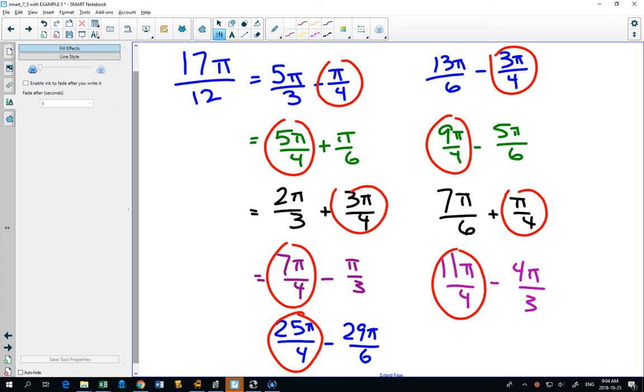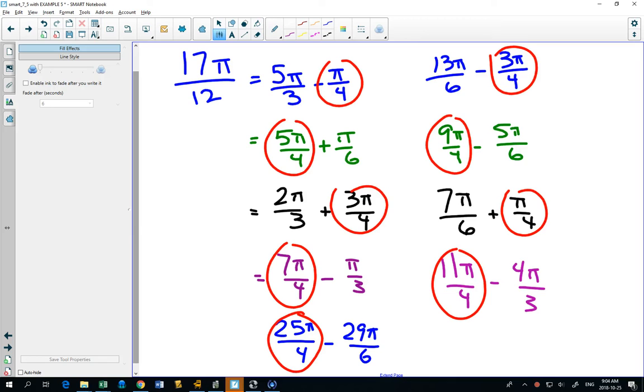So if we look at all the pi over 4 families that have been used, is there any pi over 4 family that hasn't been used yet? We've got pi over 4, 3 pi over 4, 5 pi over 4, 7 pi over 4.